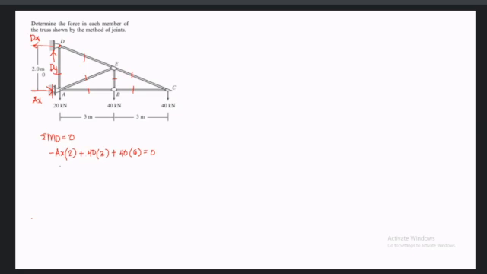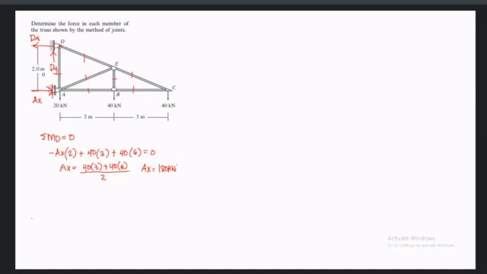So kung wala, let's proceed with solving for AX. It is equal to 40 times 3 plus 40 times 6 all over 2. Okay, so this is your AX. Tama ba? Opo. Okay, so that's 180 kilonewton.